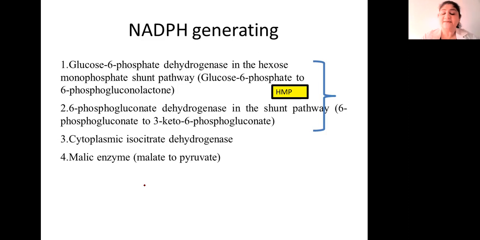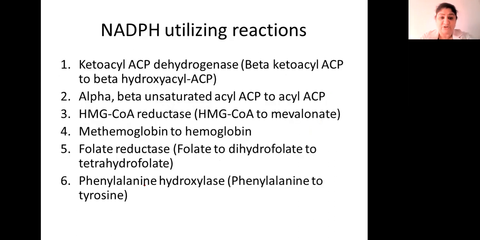Okay. The rich, major source of NADPH comes from the HMP shunt pathway. All right. Followed by cytosolic isocitrate dehydrogenase. Third and fourth one is malic enzyme, which converts malate to pyruvate. So these are NADPH generating pathways.